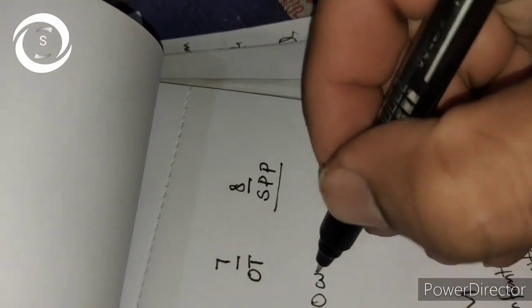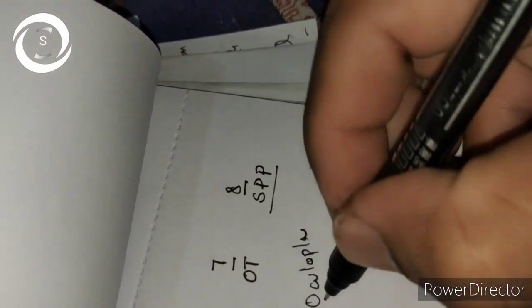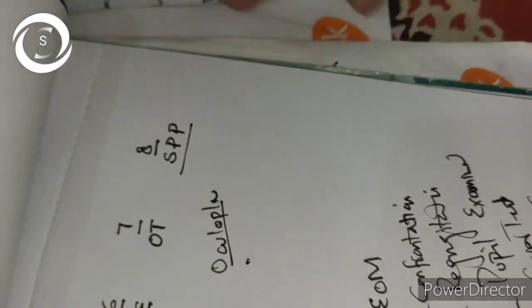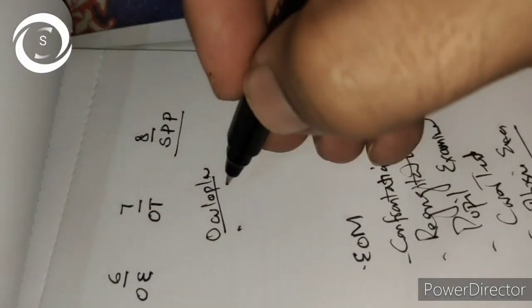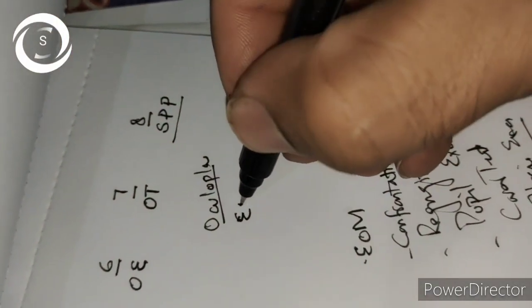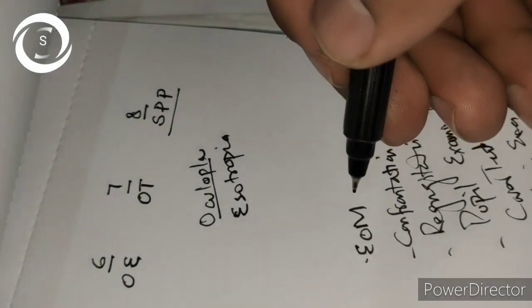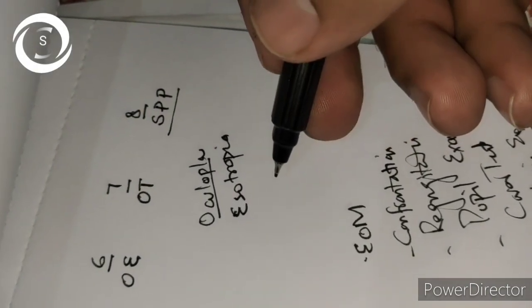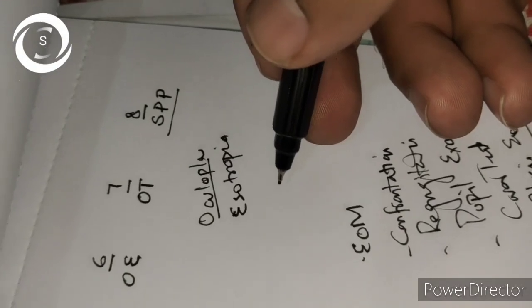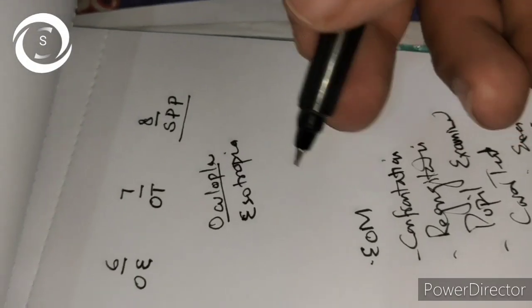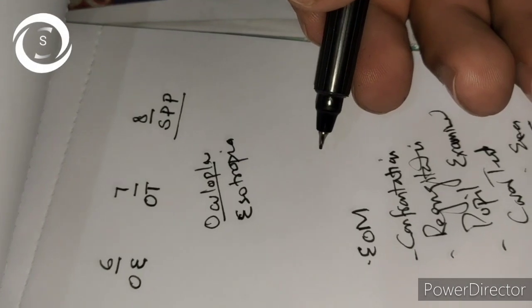Then in oculoplasty you may be shown esotropia. You have to diagnose it, tell the causes or types of esotropia, and then how to correct it.